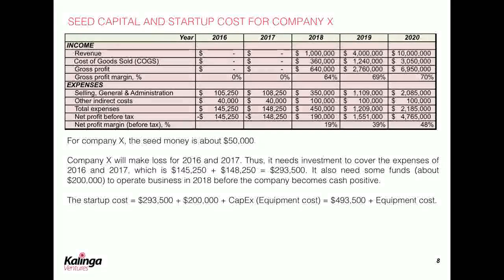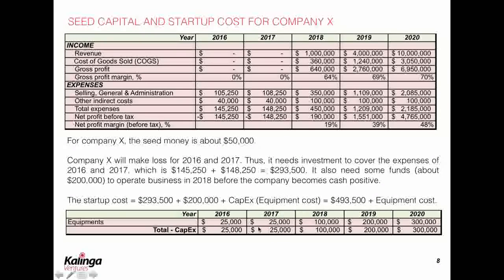Now, equipment cost for, let's say, 2016 is $25,000, and 2017 is $25,000. Then you add the capex cost for 2016 and 2017 to $493,500.